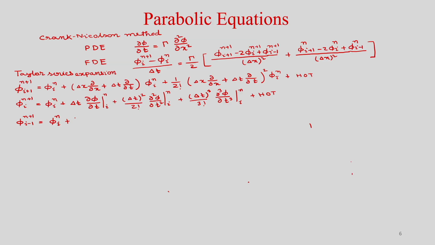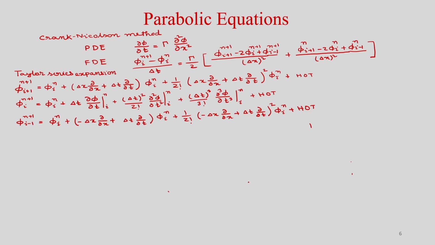So, obviously you will get minus delta x, because you have minus delta x, del of del x plus delta t del of del t, and it is t plus delta t only. So, phi I n plus 1 by factorial 2, minus delta x del of del x plus delta t del of del t whole square phi I n, plus higher order terms.